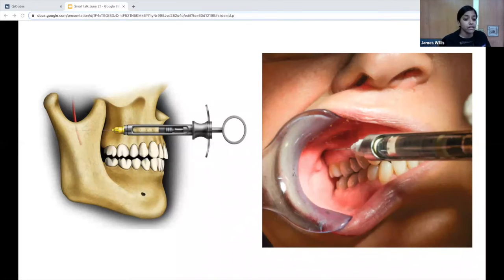And once you get to your position, it's going to be just medial to the ramus of the mandible. You're going to advance the needle about 3 centimeters, and then again, you can inject about 2 milliliters of the solution. Because of the proximity of the inferior alveolar nerve to the lingual nerve, you usually end up anesthetizing both when you use this procedure.